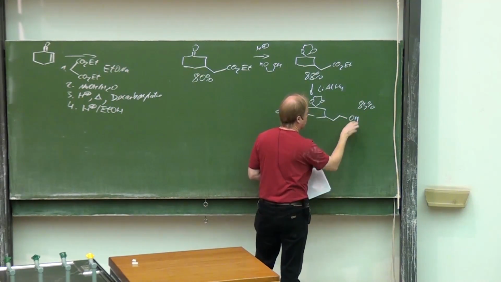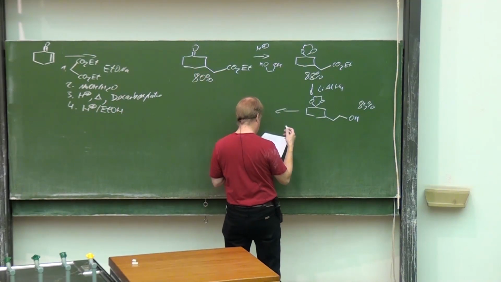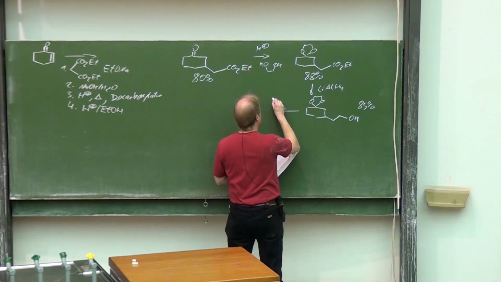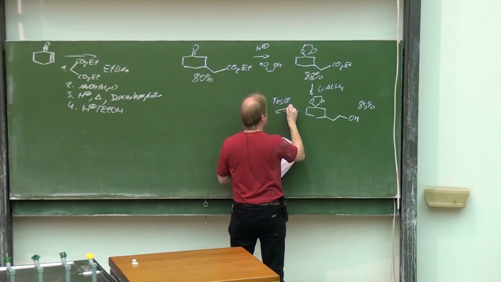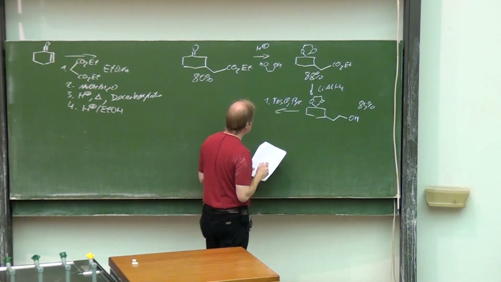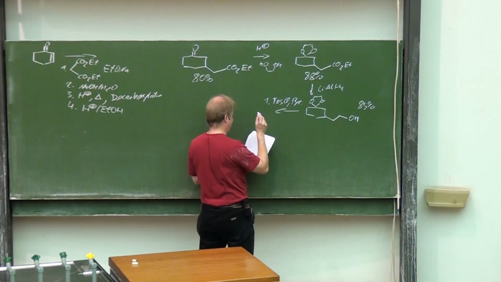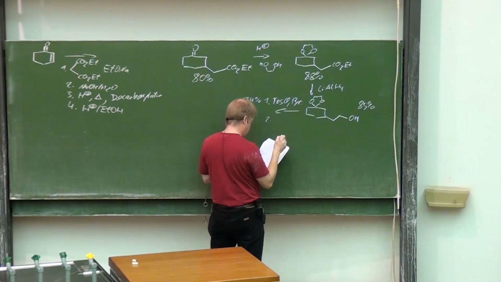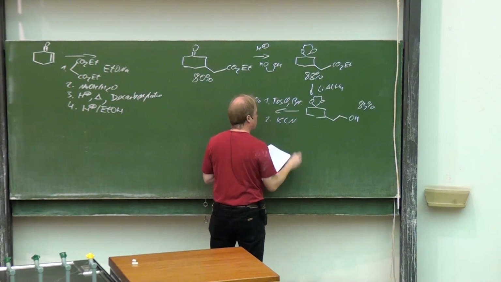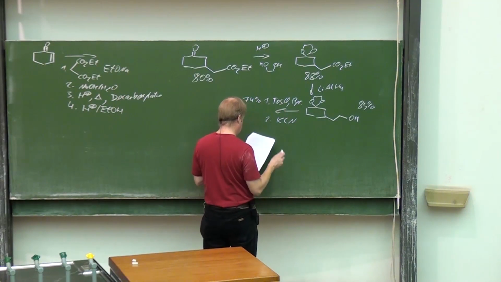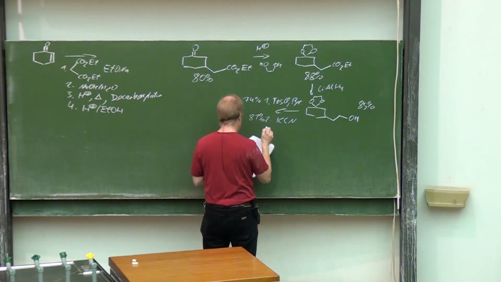Then transforming it to a leaving group with tosyl chloride and pyridine, 74% yield for this step. Secondly, nucleophilic substitution with potassium cyanide, 81% yield.